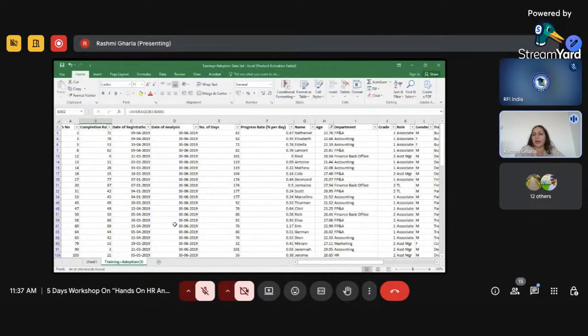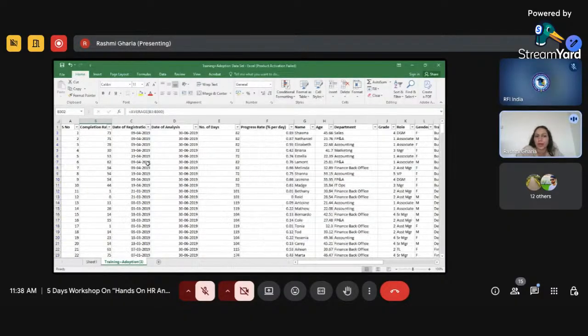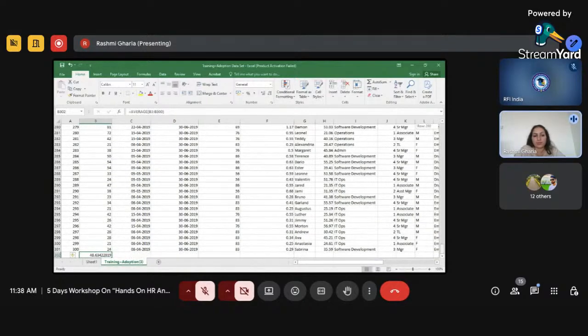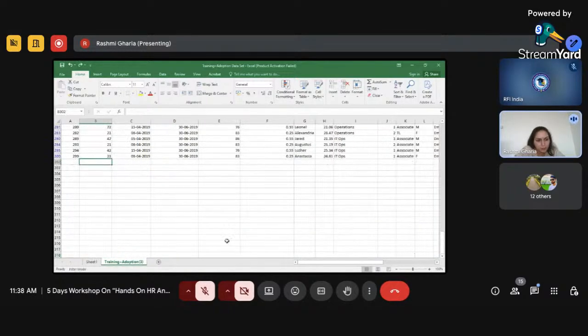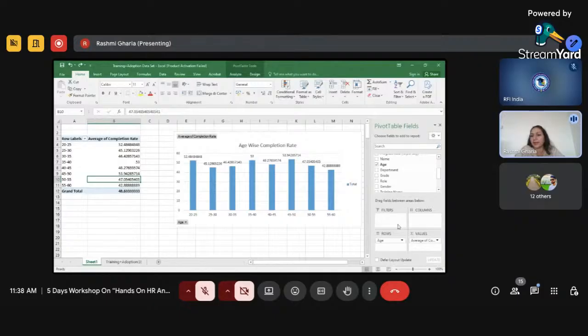So this way you can calculate. In a similar way you can apply a filter for the vendor, or program wise, and calculate the average accordingly. I hope you got it. Either you can do it manually or directly use the pivot table function. It becomes easy for you to prepare pie charts and tables and everything here. I hope it is clear.